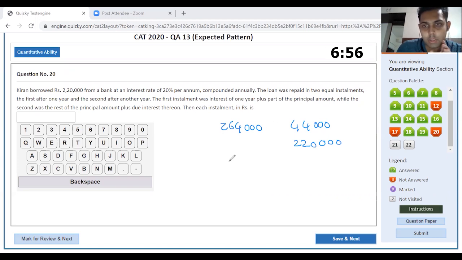So from this, x has been subtracted. Into 1.2 is equal to x. So 264,000 divided by 2.2x.